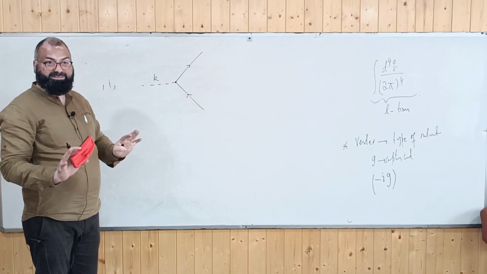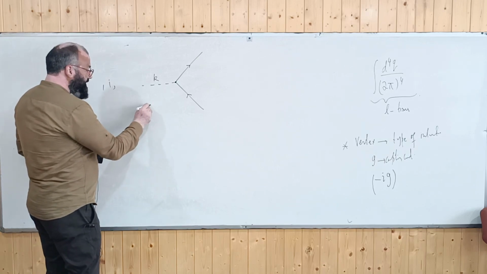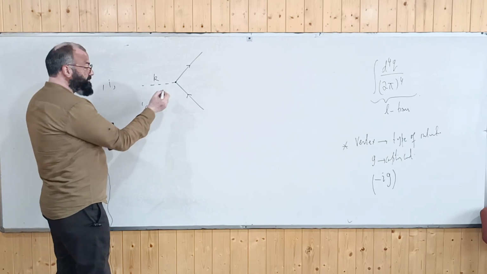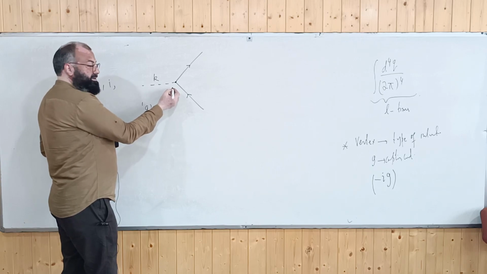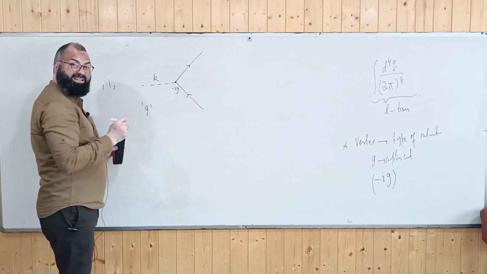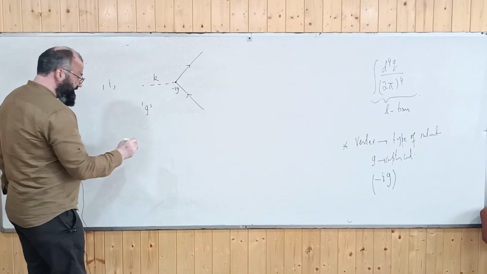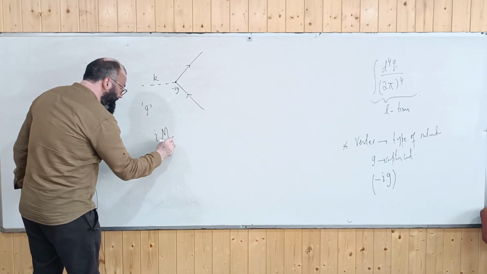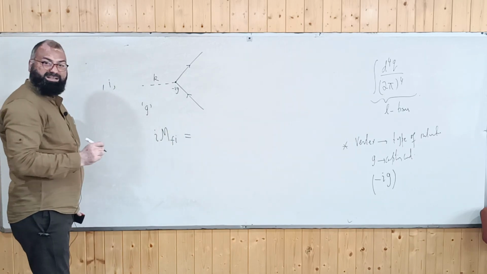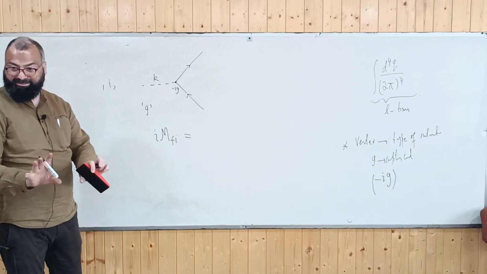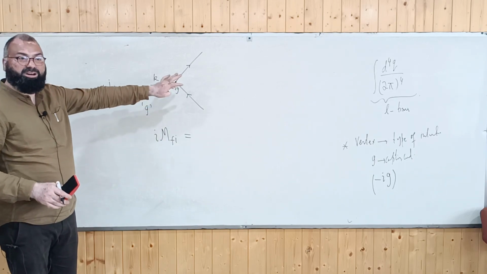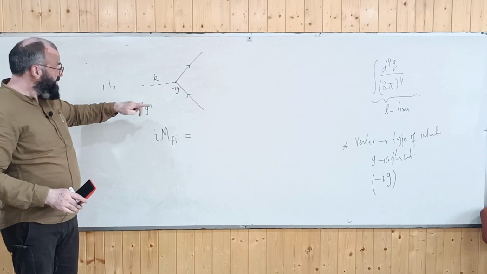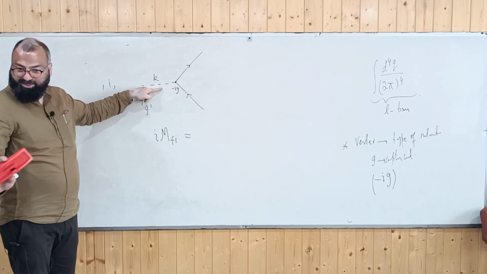If G is the strength of the interaction, then for the vertex I have to put minus iG. Now let's write the Feynman amplitude. We write iM. I have to put the factors corresponding to the lines of the diagram. Now for the scalar boson, there is no line factor.